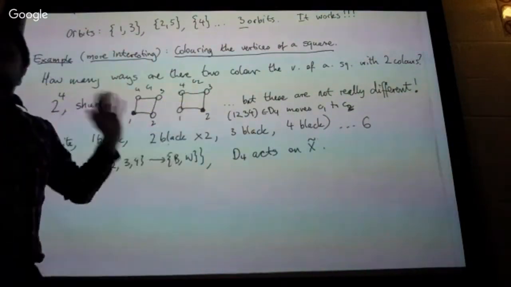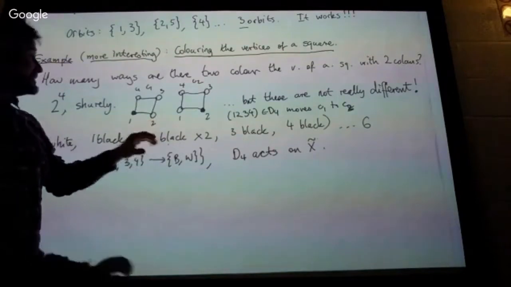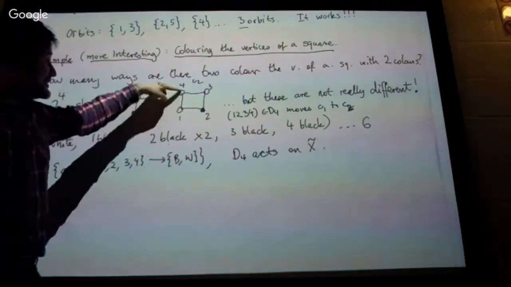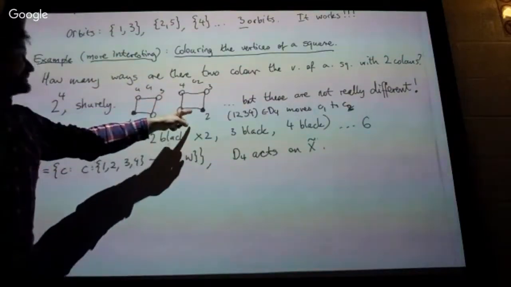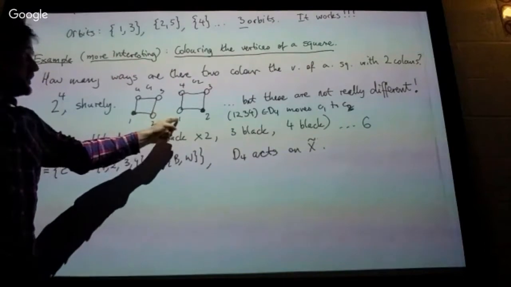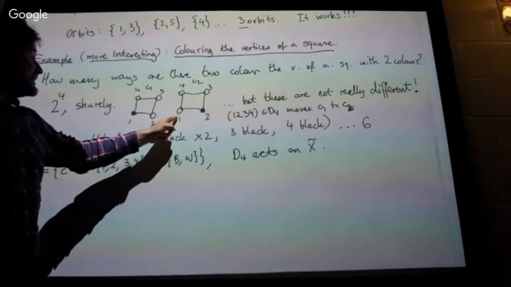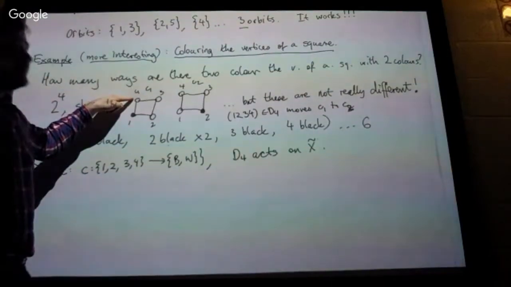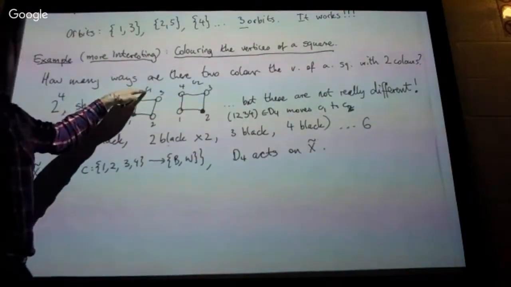But we haven't quite defined the action. After acting, if I want to know what color 1 is, I have to look at what came to 1, that was 4, and I look at what 4 was colored in C1.